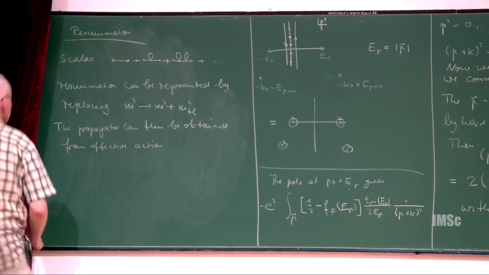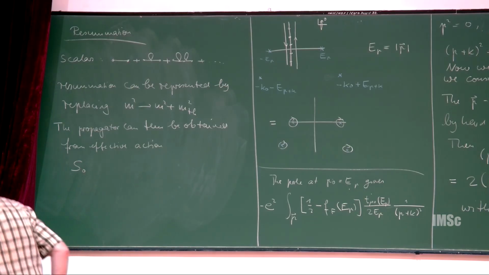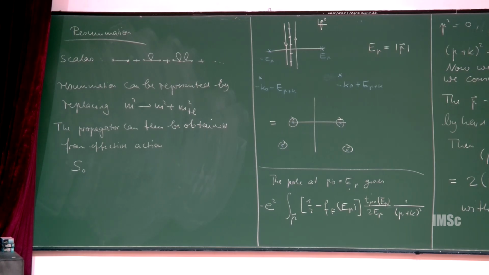To compute the propagator, we only need the free action, meaning we don't have to include interactions.